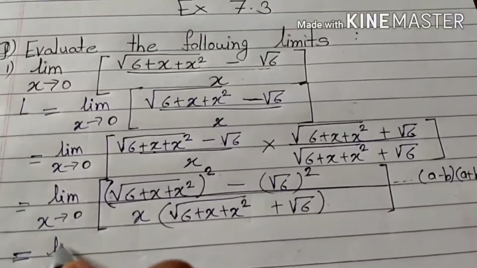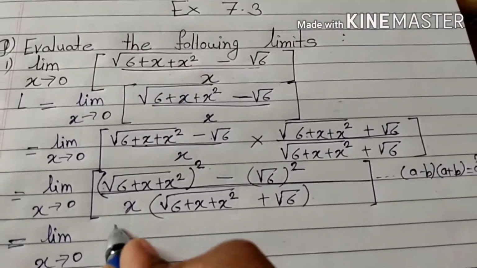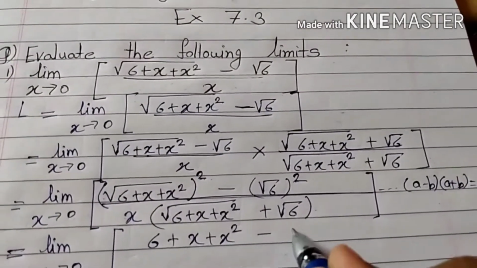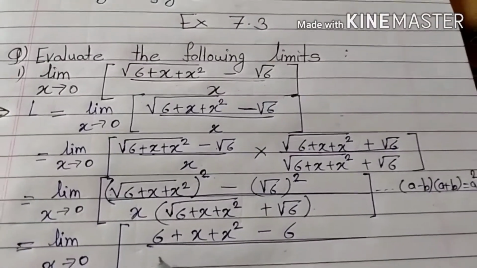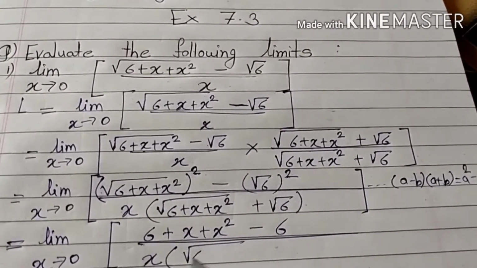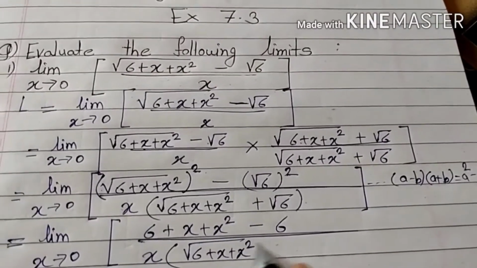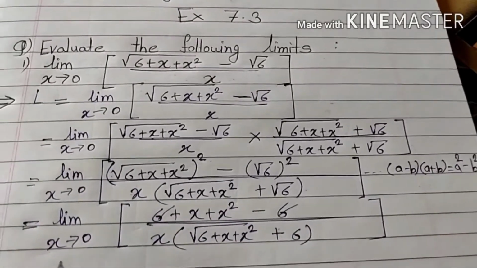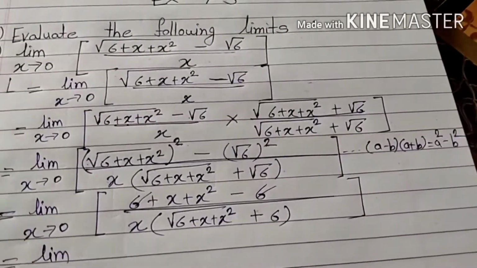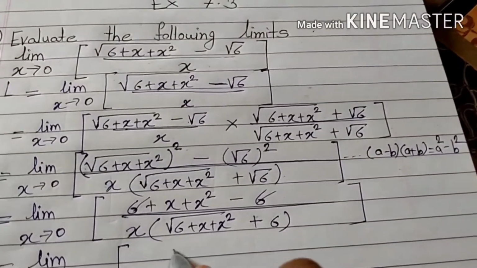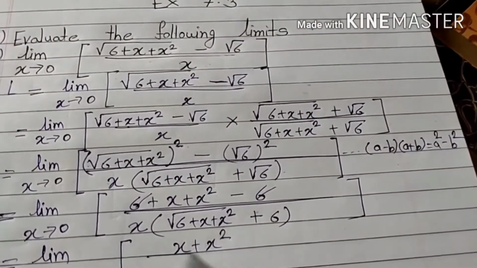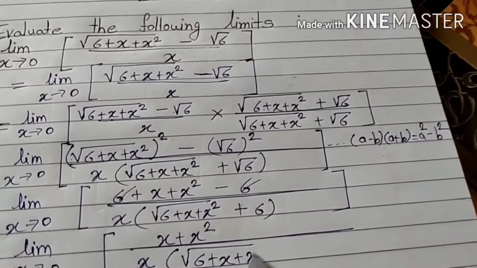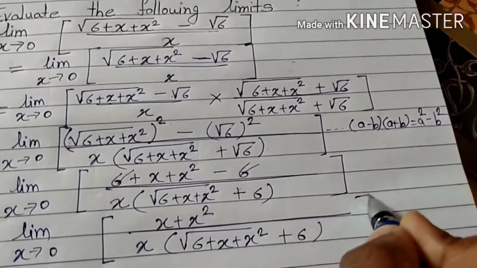So in the next step, limit x tends to 0. This is 6 plus x square and this is minus 6, upon the denominator, written as it is, root of 6 plus x square plus root of 6. Okay. Now this plus 6 minus 6 will get cancelled. So in the next step, limit x tends to 0, x plus x square, upon x into root of 6 plus x square plus root of 6.